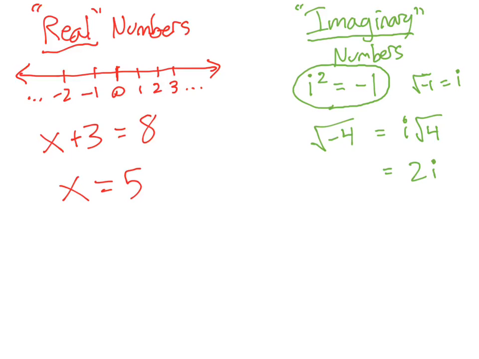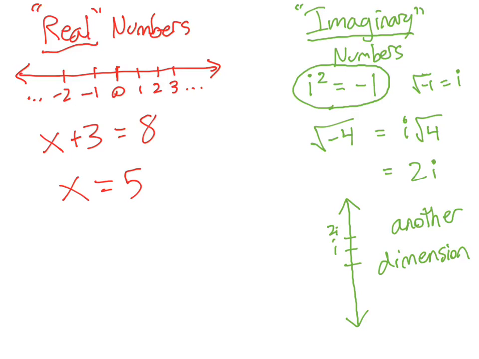So another way that we could think of the imaginary numbers is maybe think of them as existing in another dimension that we could run perpendicular to the set of real numbers. So just as there is a real number line, there is an imaginary number line that has multiples of our imaginary unit.